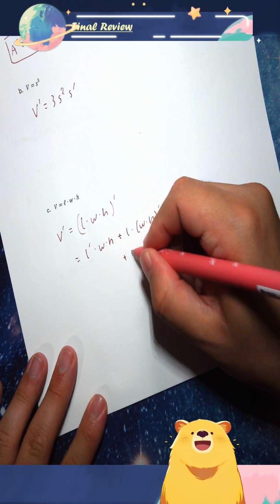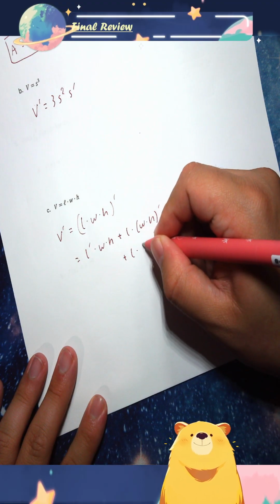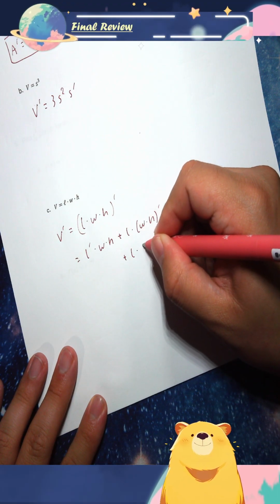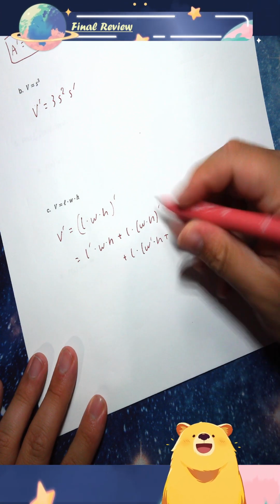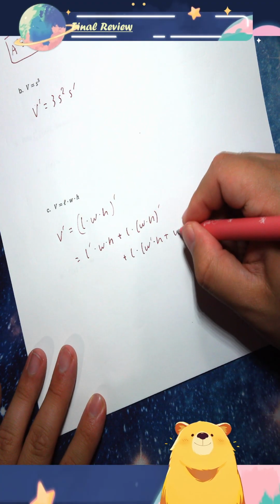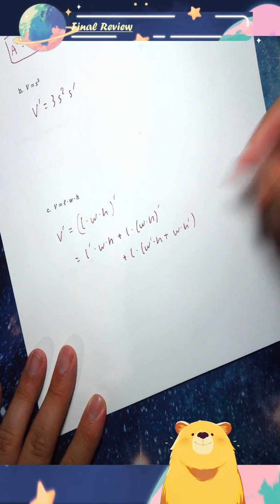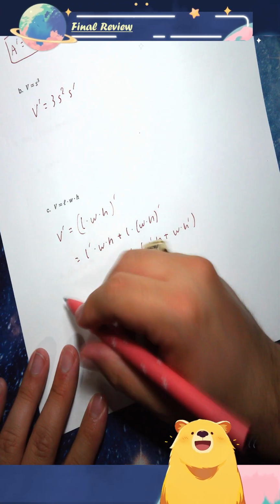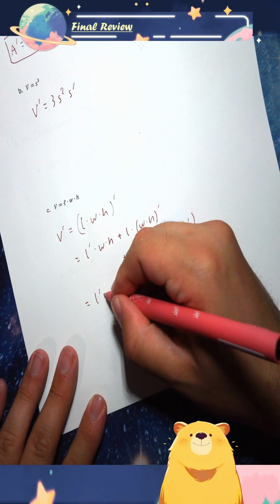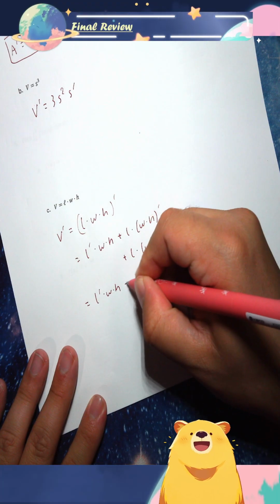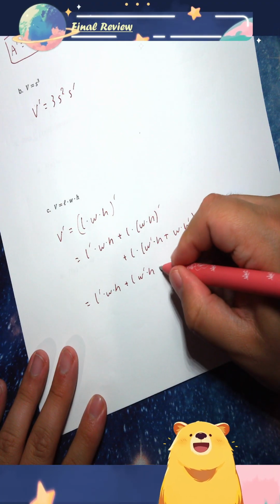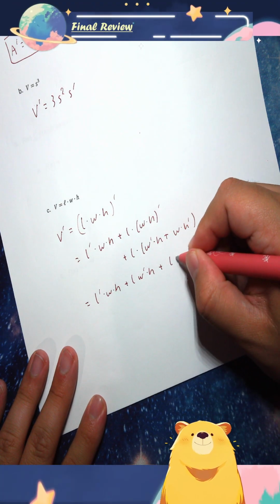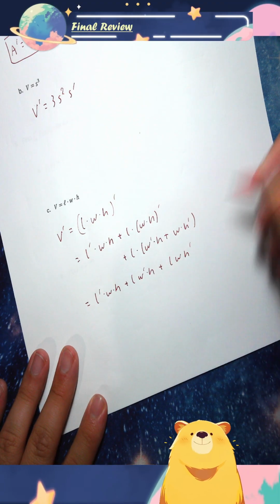Which for that one, we know we can rewrite as W prime times H plus W times H prime. And then distribute that L. And you'll see we just have this pattern where one guy is prime and the other two are not.